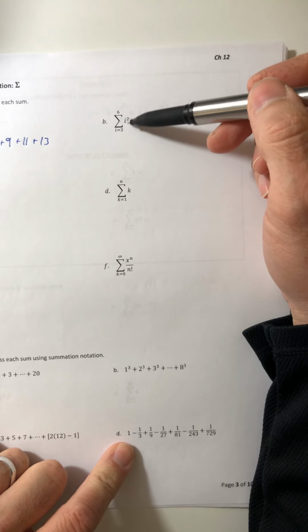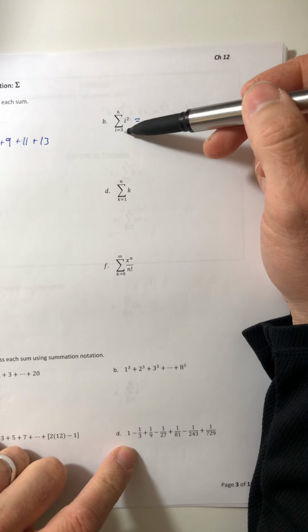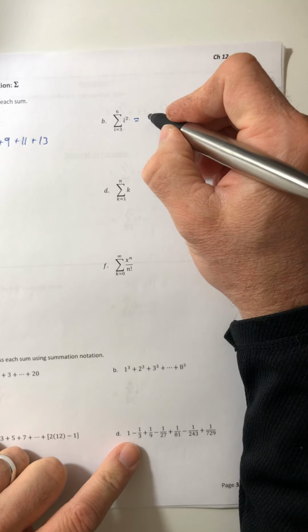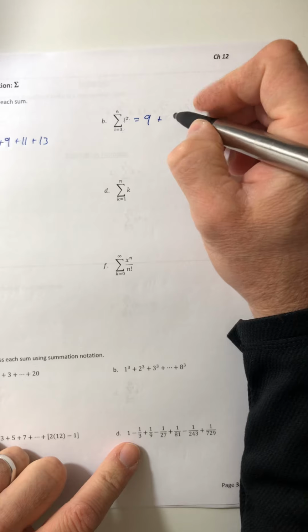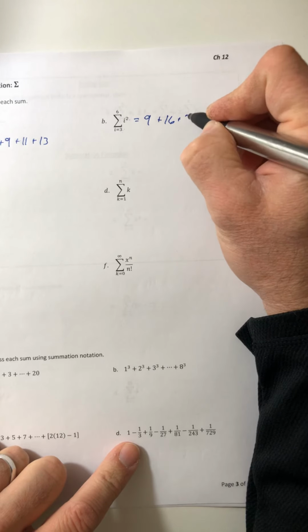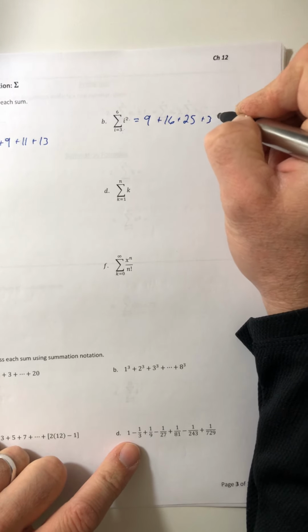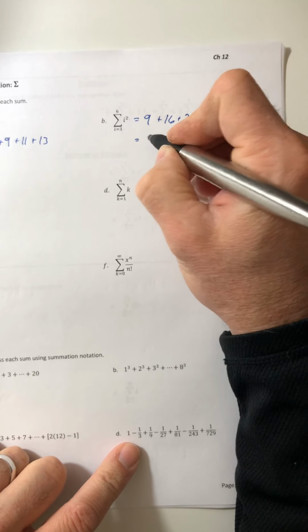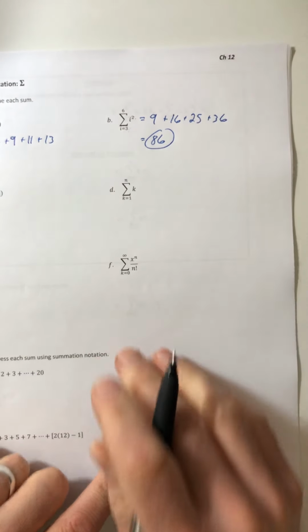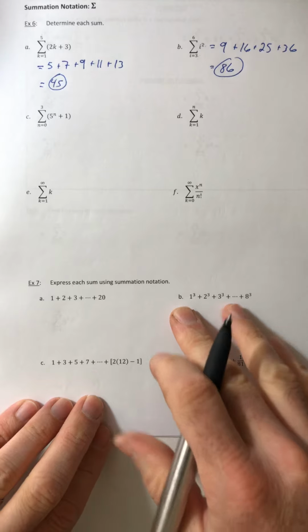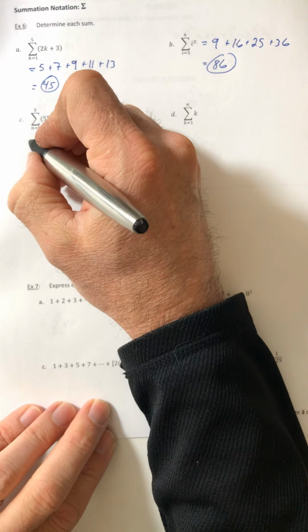So i squared from i equals 3 to 6. So start with 3. Plug it in. Plug in 4, 5, and 6. So totals 86. Okay.